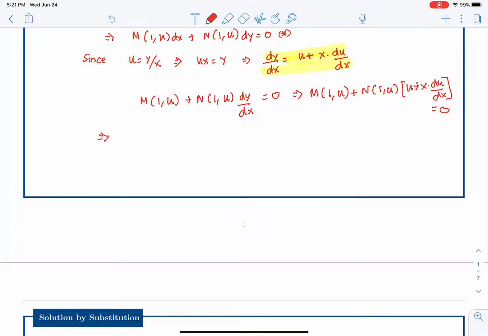And if we rearrange things here, we will have M of 1 comma u plus u times N of 1 comma u plus x times N of 1 comma u du over dx equals 0. If I move terms to the other side, this equation eventually is going to either become a separable equation or a linear equation. And I'll show that using an example.